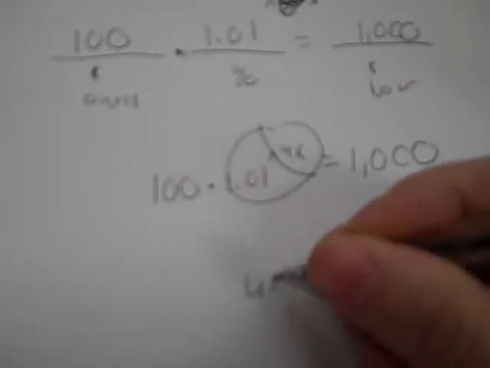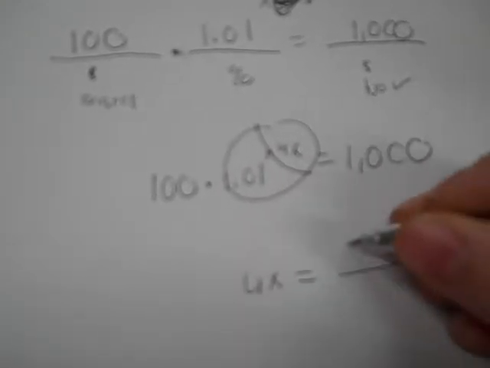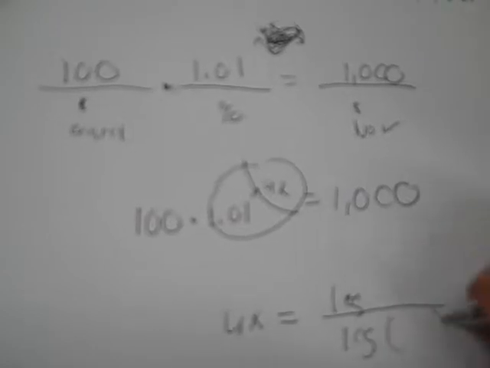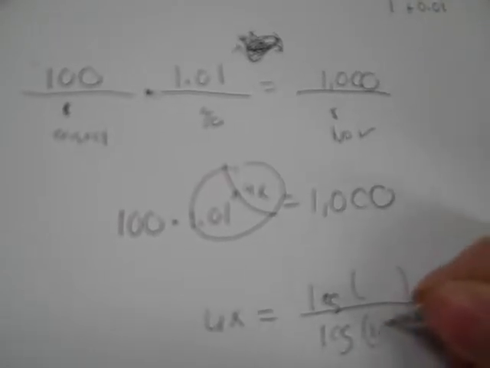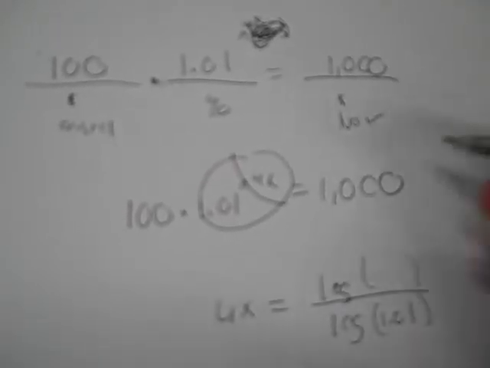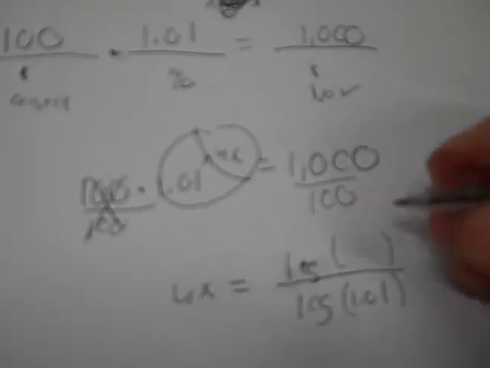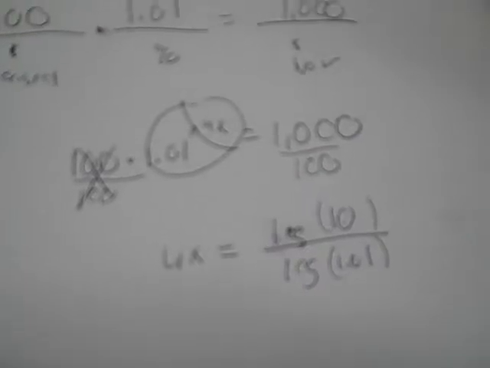And 4x is equal to log over log, the base I know, that's 1.01. I do not know the numerator because I had this 100 multiplied, so I have to undo the multiplication of 100 using inverse operations. 1,000 divided by 100 is 10. Now I'm going to do this, but I'll divide by 4 after I calculate my answer.